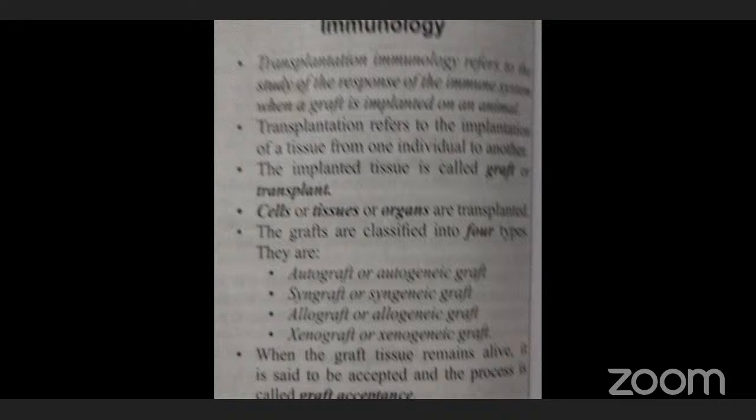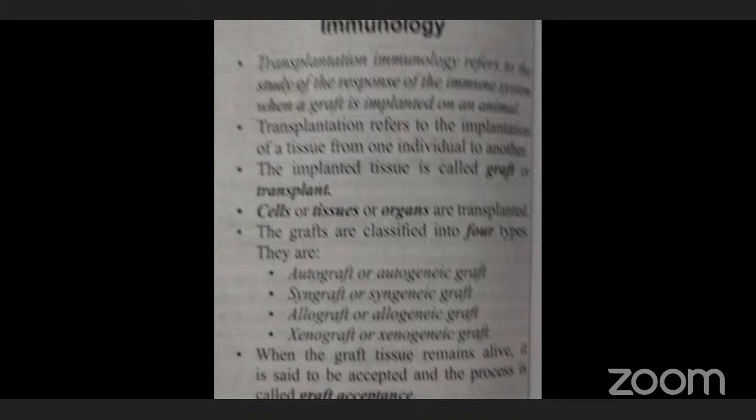The tissue that is going to be transplanted is called a graft. The implanted tissue is called a graft or a transplant. The animal from which the graft is taken is called the donor. Donor means donating something, so where you get the graft from is called the donor.